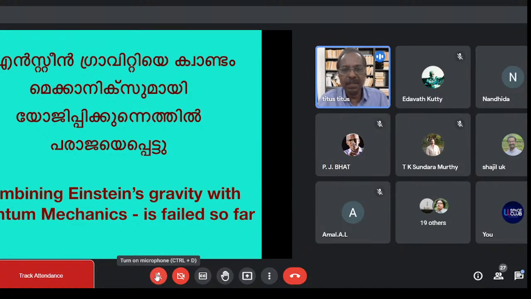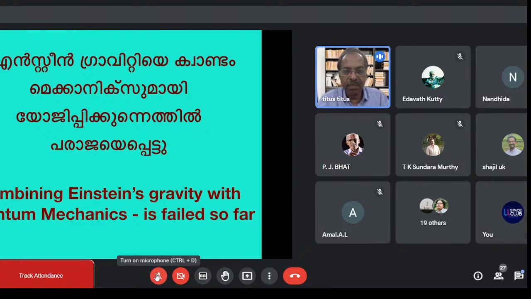Because Einstein's theory of gravity and quantum mechanics are two independent theories. And why are you saying that the gravity theory is not complete unless you make a unification of it with the quantum theory? Well, quantum theory deals with minute particles or atomic particles, correct? Now, when you come to gravity, when the intensity of gravity is very, very high, you must combine it with quantum mechanics.